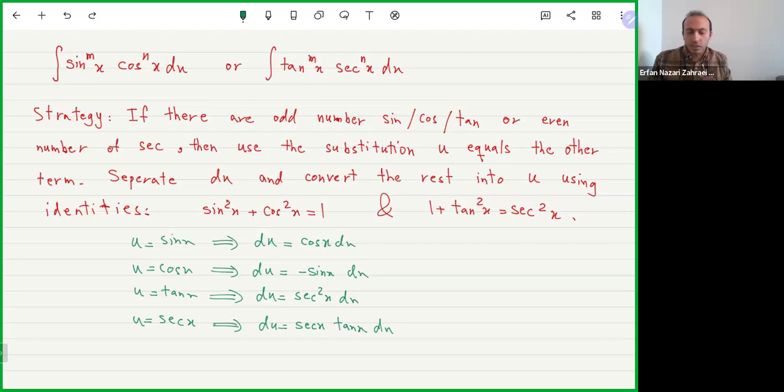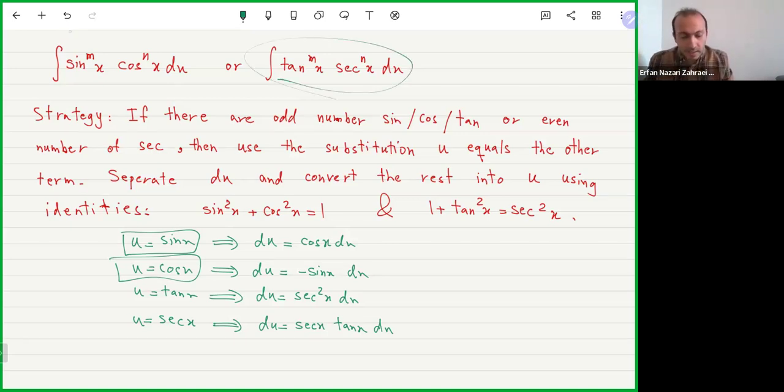You can use this strategy, these substitutions, and go for it. But if not, if both of them are even, before talking about that, what happens if both of them are odd? Then both of the substitution is good. So this and this are both satisfied. So basically you can use any of these two substitutions, but choose the one that is simpler.